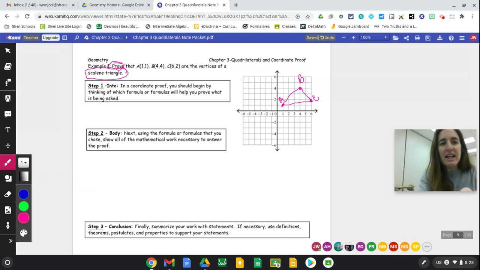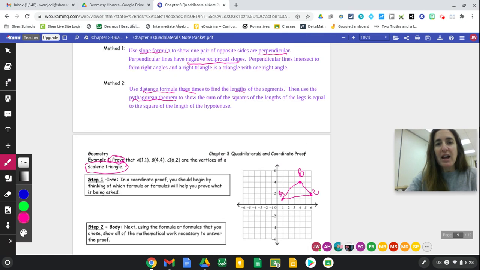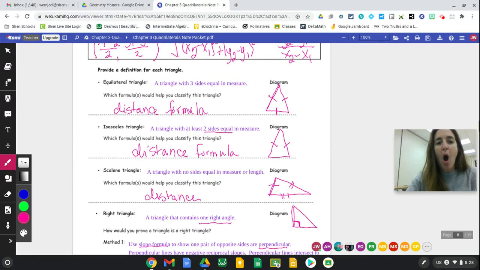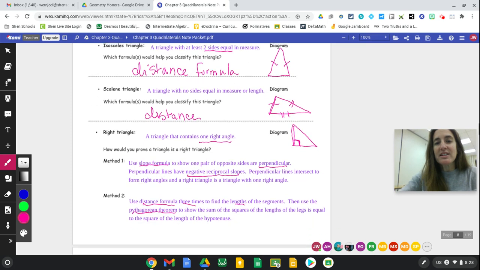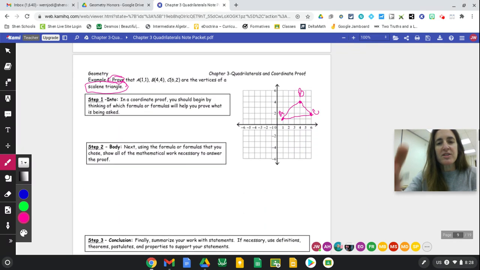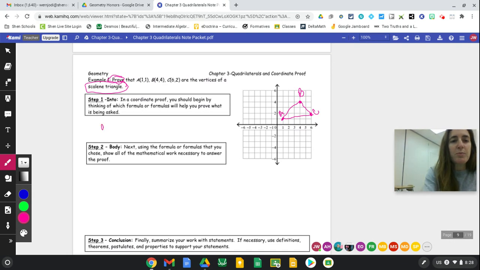So step number 1 is the intro, and in the intro it says you should begin by thinking of which formula. Now, if you remember back on our notes back up here, all of the beginning ones, equilateral, isosceles, and scalene, and even if you wanted to prove something right, you're going to basically use the distance formula. So to prove that it's scalene, I'm going to use the distance formula.